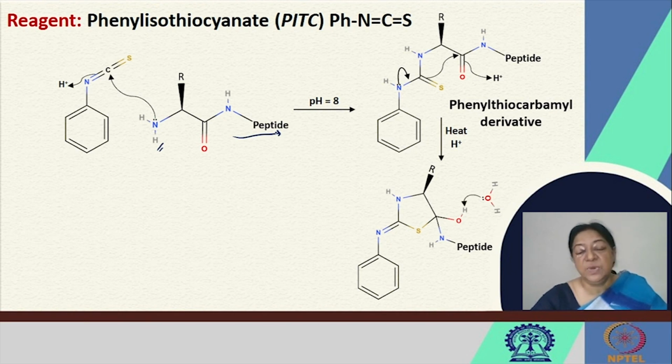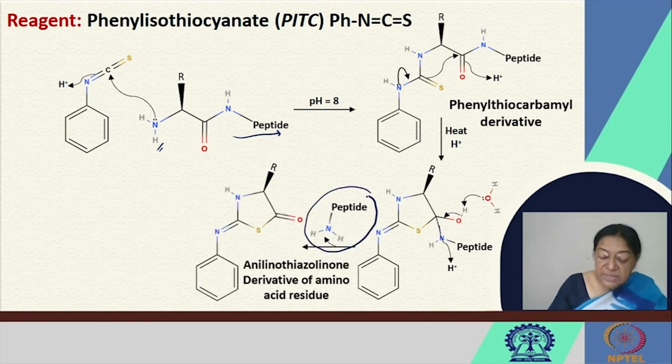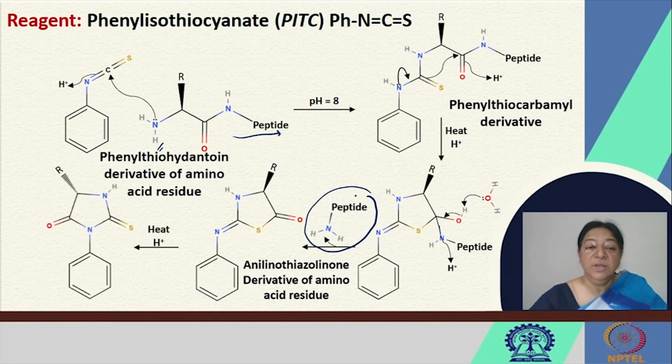So we have the PTC derivative here, and we have hydrolysis, and we have the resultant peptide that is going to be cleaved from the specific residue attached to our phenyl thiohydantoin derivative.